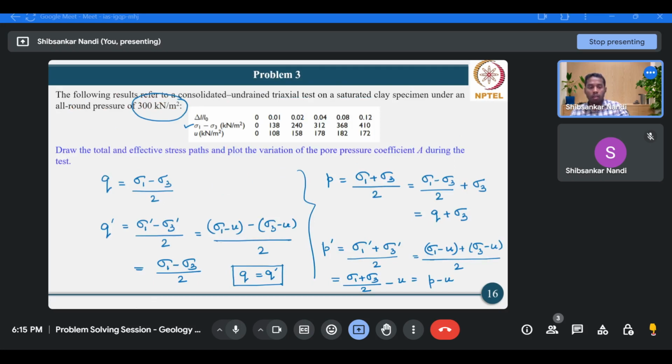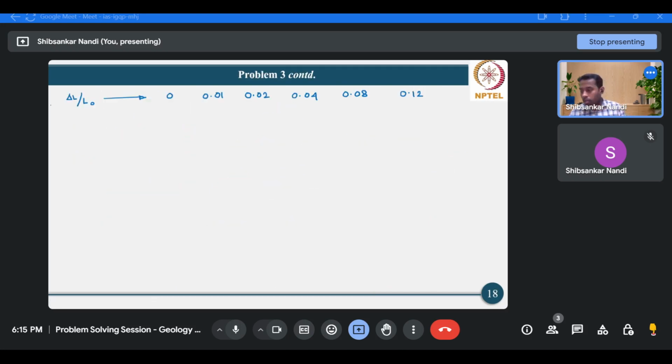Next, sigma 1 minus sigma 3: 0, 138, 240, 312, 368, and 410.